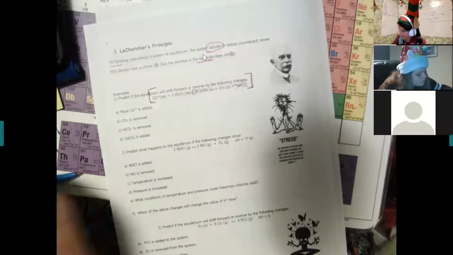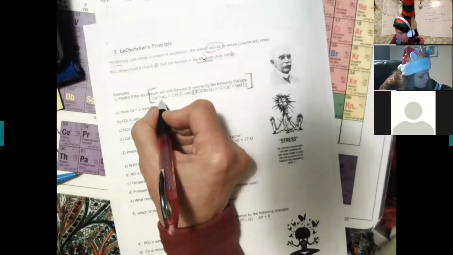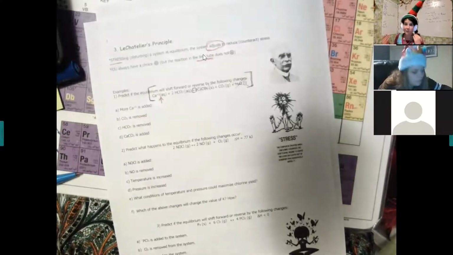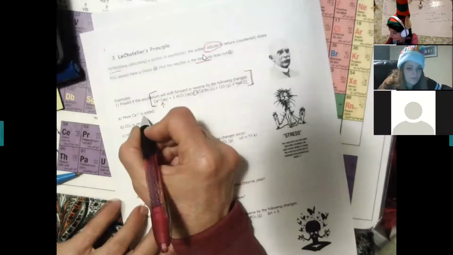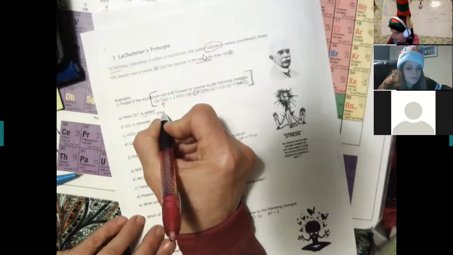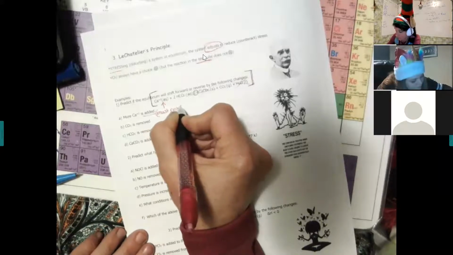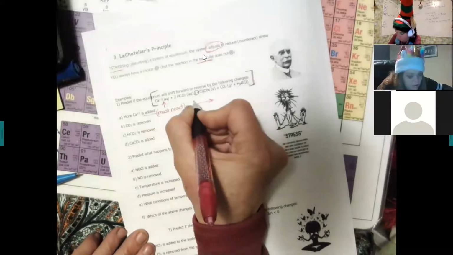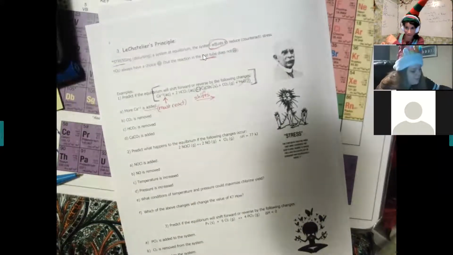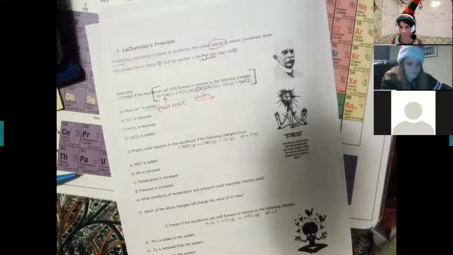So we're going to add more calcium. So if we increase the calcium, there's more of it there to react. If you add something, it has to react. So it must react, which means it shifts forward. So the reaction goes in both directions, but we just shifted it and pushed it more forward. So that's it. We're shifting.